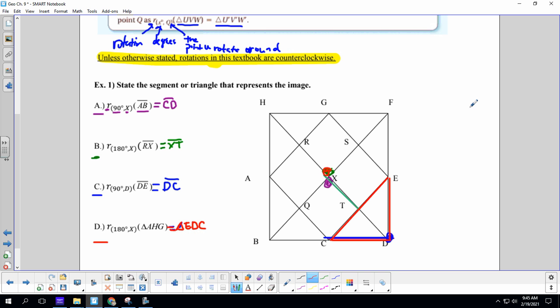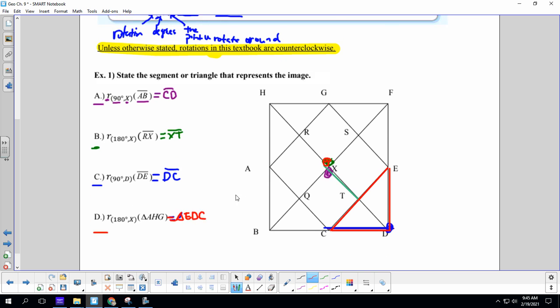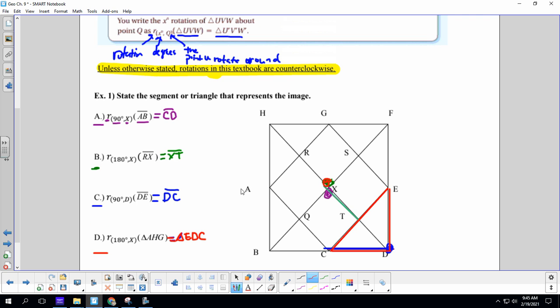All right, so we are going to now move into, this is just kind of like knowing, bonus information. When you look at a circle, if I'm going to rotate 90 degrees, let me put a center.